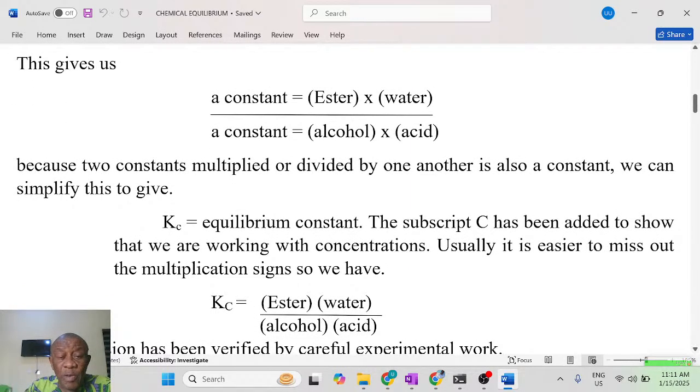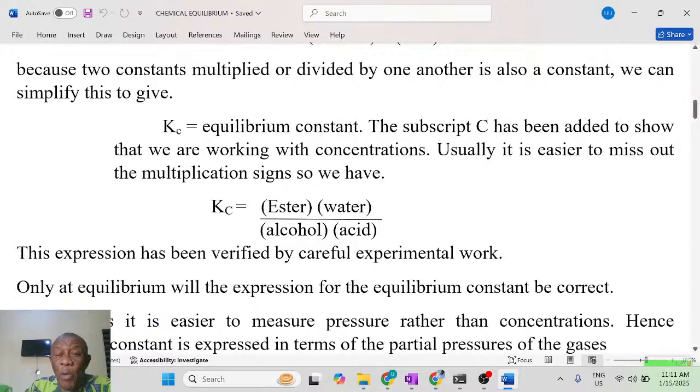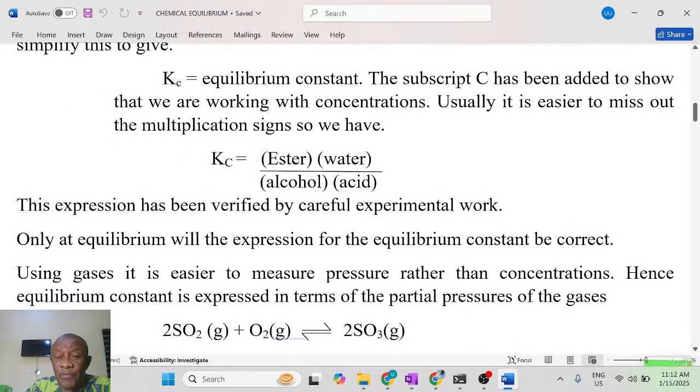Because the two constants divided by one another give a constant, we can simplify this to Kc, the equilibrium constant. That subscript C has been added to show that we are working with concentration.